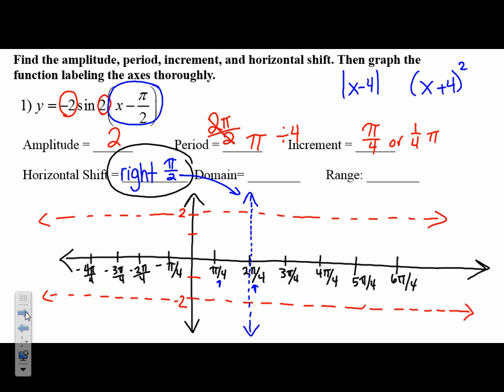And now we will go ahead and start sketching in this graph because we've taken into account everything in our list. So noticing again that this is a sine, and I know that sine starts at the 0 spot, or at the middle, the midline. So the midline here is our x-axis. This is the midline. And remember, above is 2 and below is -2.